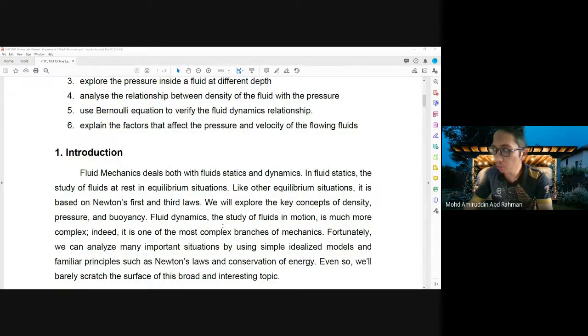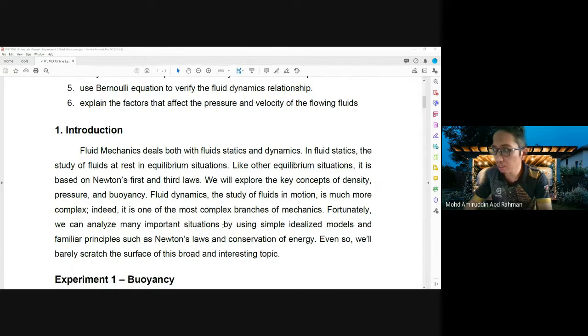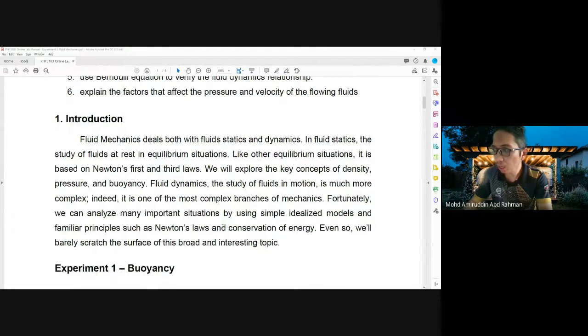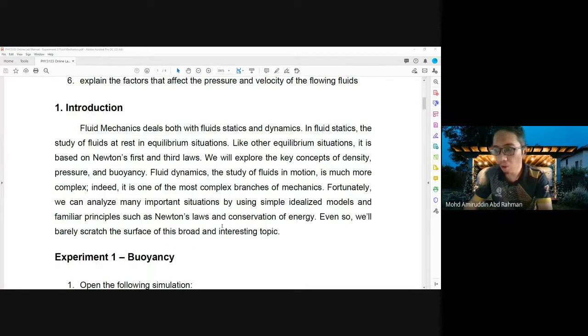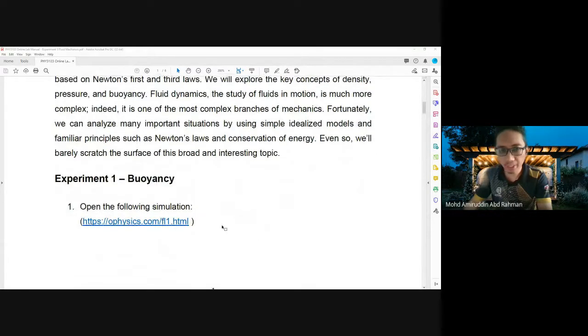The fluid statics relates to Newton's first and third law, where we explore the key concepts of density, pressure, and buoyancy. And for the fluid dynamics, we analyze it based on Newton's law and the principle of conservation of energy. All right, so we look at the first experiment about the buoyancy.